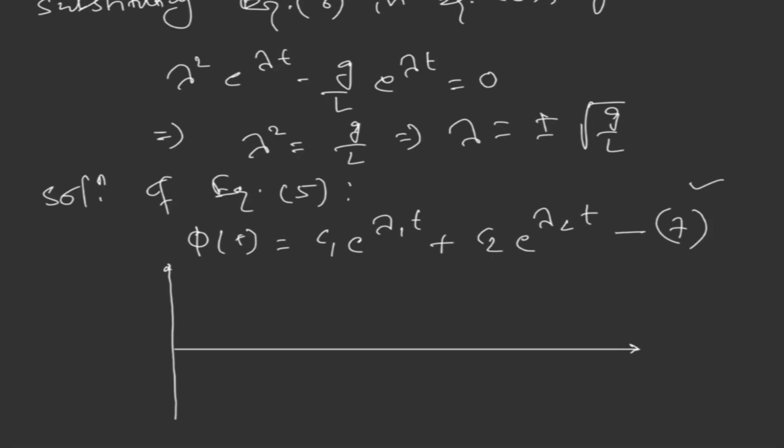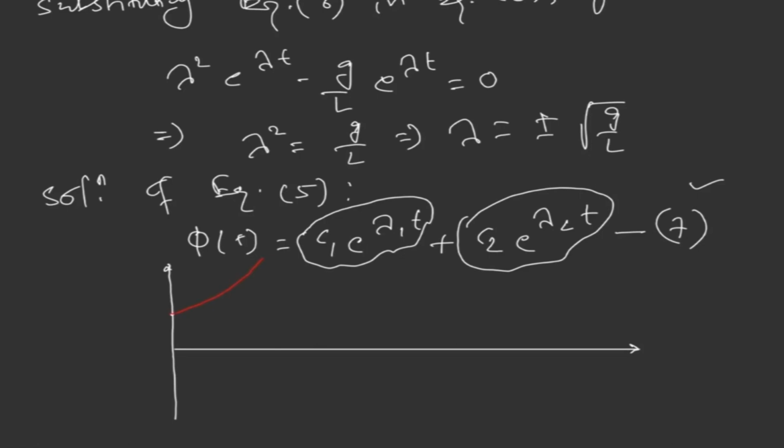If you look at equation number 7, one term is positive, one term is negative, lambda 1 and lambda 2. Suppose this is my positive lambda. In this case, due to the exponential part, the system is diverging with time. If it is negative, it may be going to 0. But due to the positive term, the response will diverge over time. So if you assume the system is starting from here, from the initial conditions, the system will diverge with time.